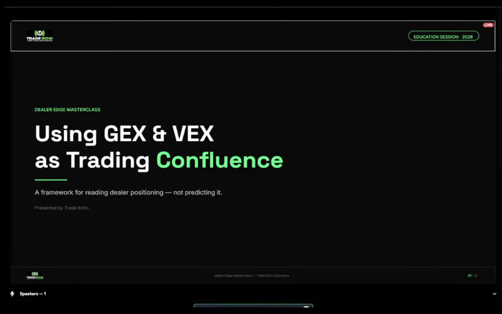It's going to show us, not exactly, but where dealers are positioned and where price may react, where movement can slow down, and where things can really ramp up. By the end of this, I want you to understand how to open Dealer's Edge, read the main levels, and turn that information into a cleaner trade plan.